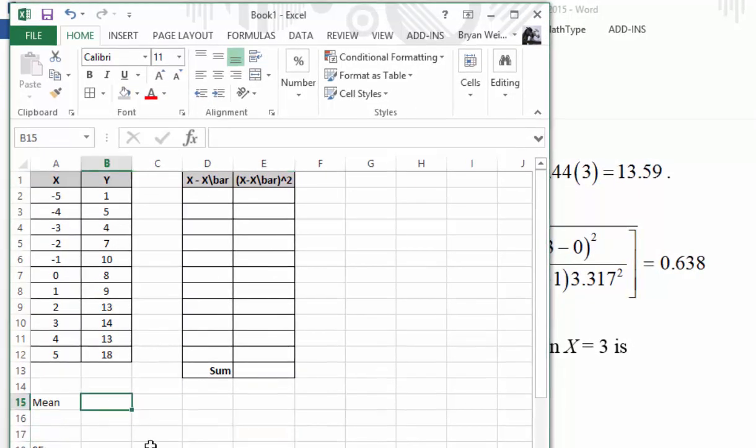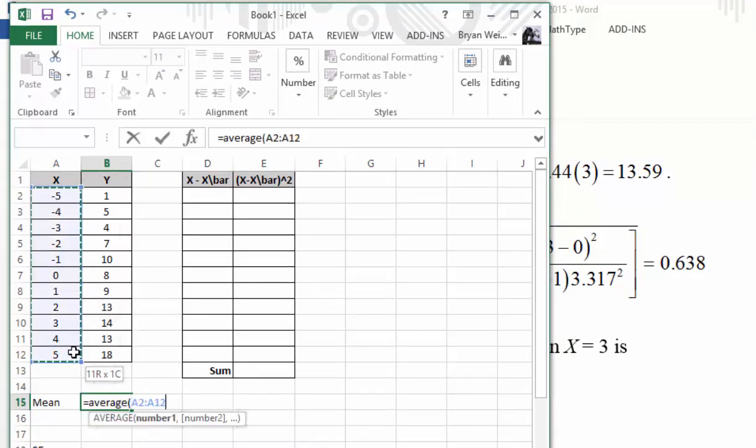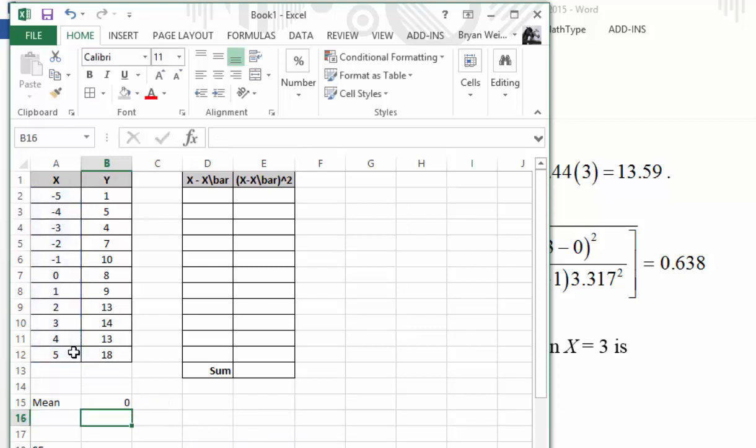We need the mean of x, so that is equal to the average of all the x's, all 11, and the average is 0. Now I'm going to do this part by part. We need x minus the mean.